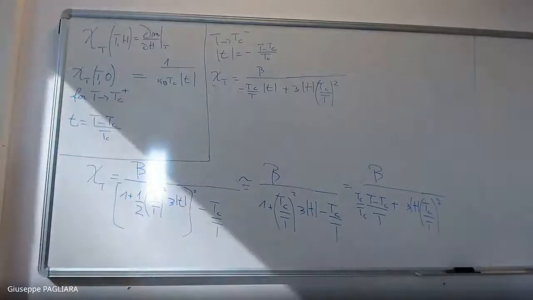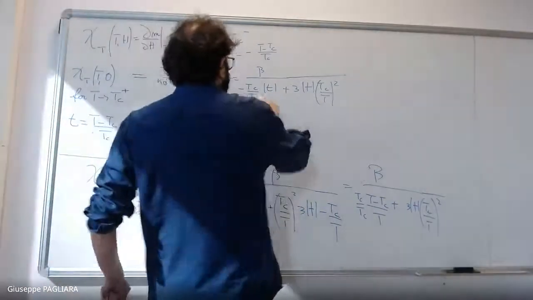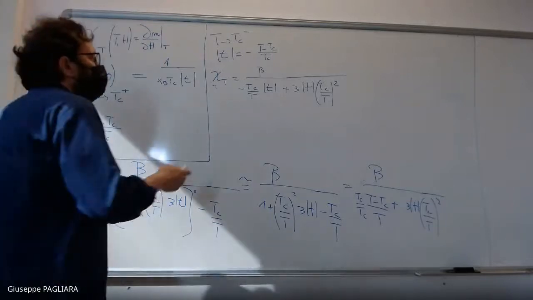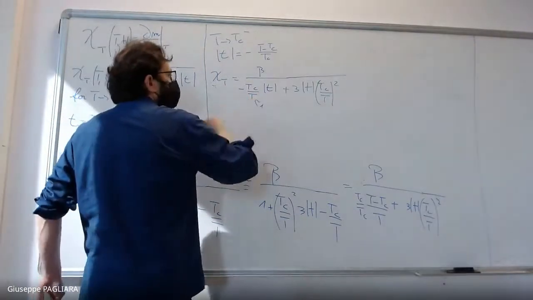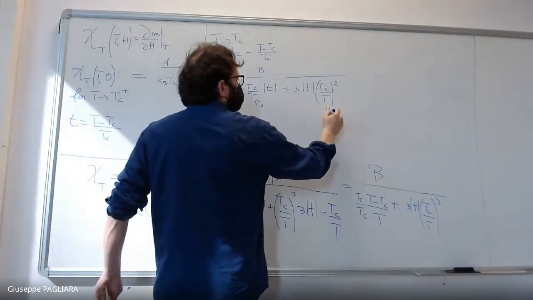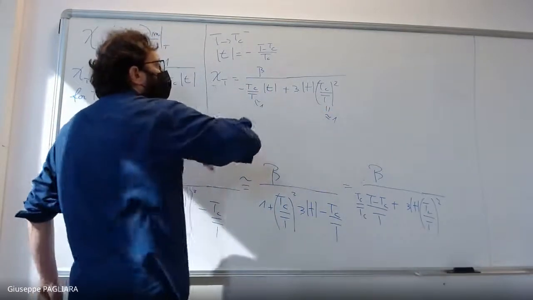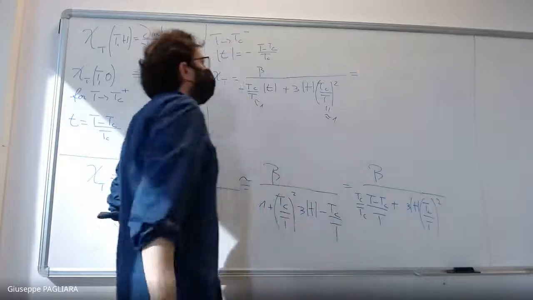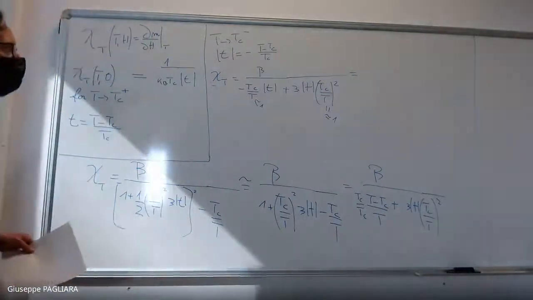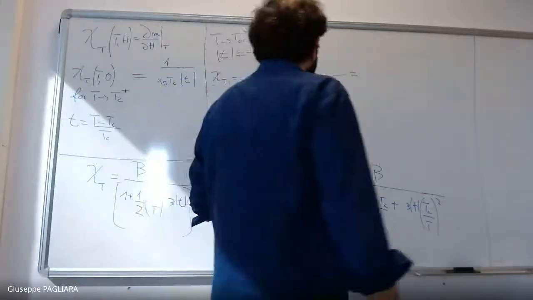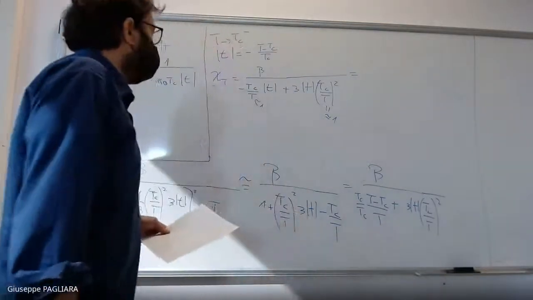Now I think it's done, because since we are close to Tc, this is equal to 1, and this is also equal to 1. Therefore I have (3T minus 1) beta divided by 2T. Actually, the beta will cancel.